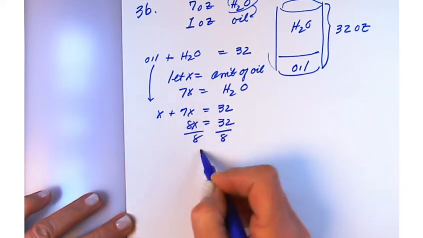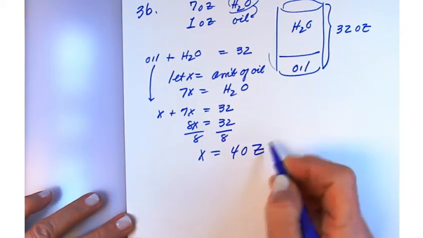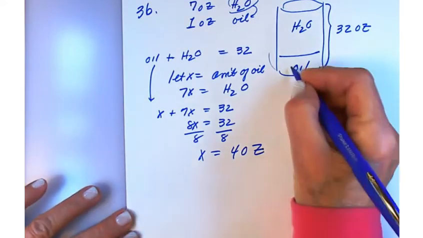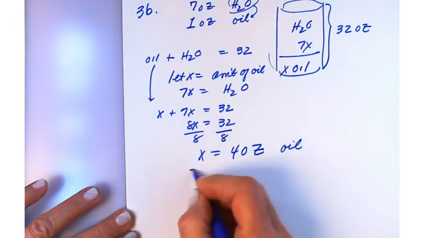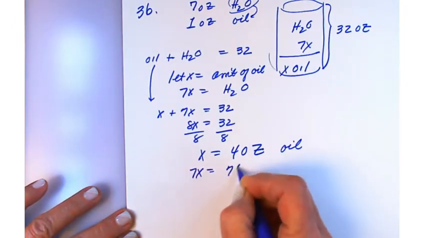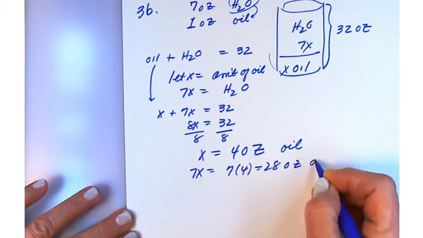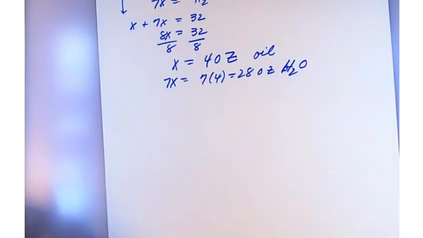And x is 4 ounces of the oil. This is x, this is 7x. This is oil, and 7x is 7 times 4, or 28 ounces of the water.